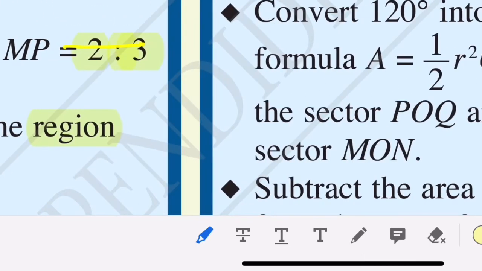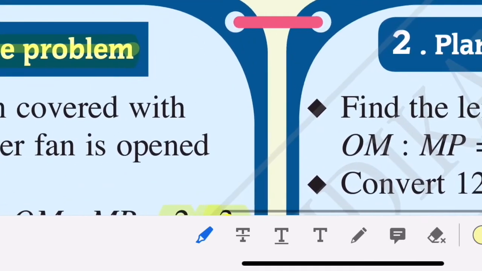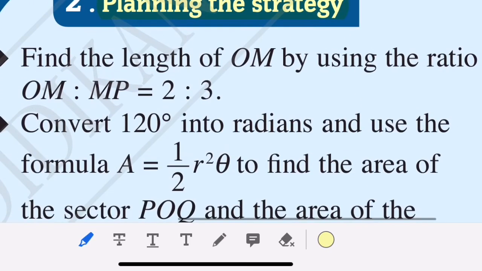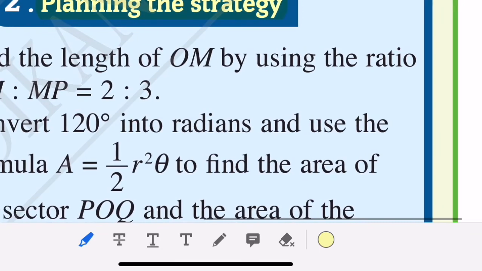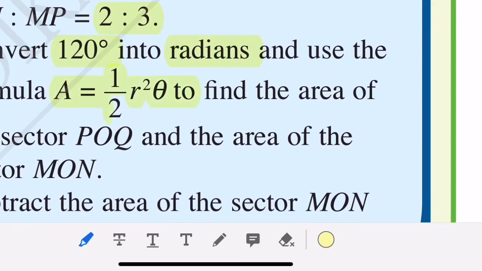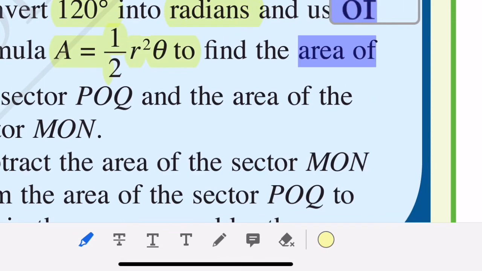Now we can start planning the strategy. Step 2: we have to understand our ratio. Then we convert the 120 degrees into radians, and we use the sector formula to find the area of the sector POQ and the sector MON.